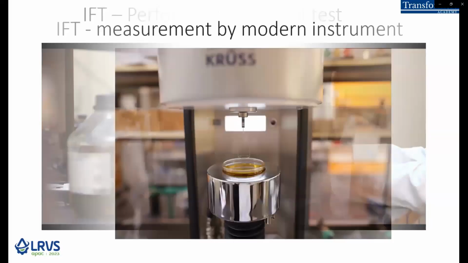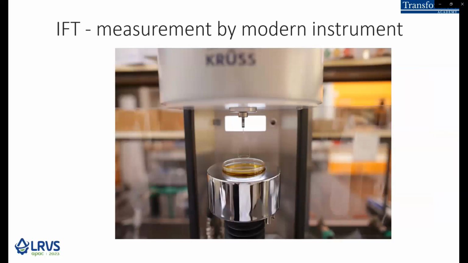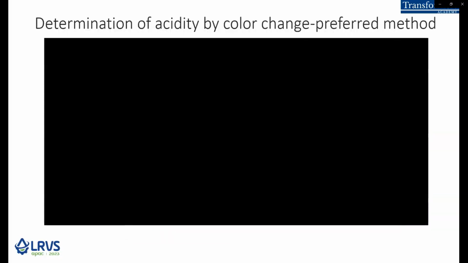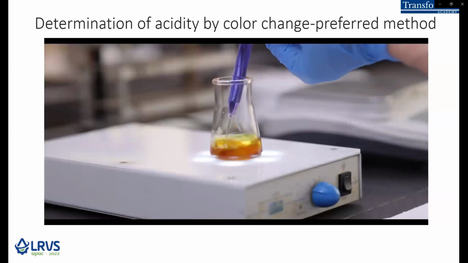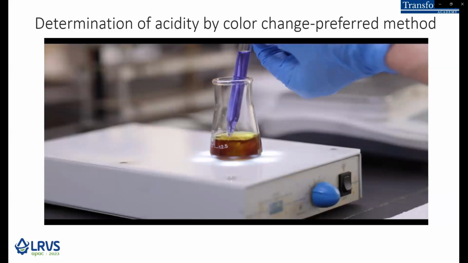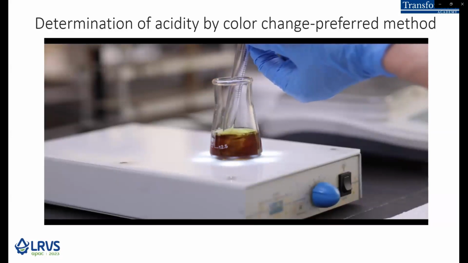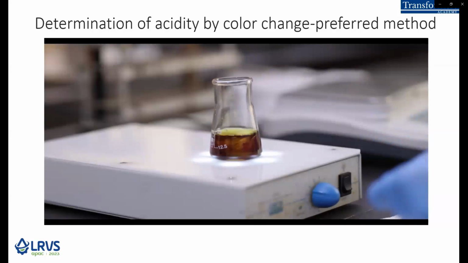Here it's a very important difference between the IEC and the ASTM, and we see that it makes a change. For insulating oil, we prefer to test acidity by color change, not by electrode method.